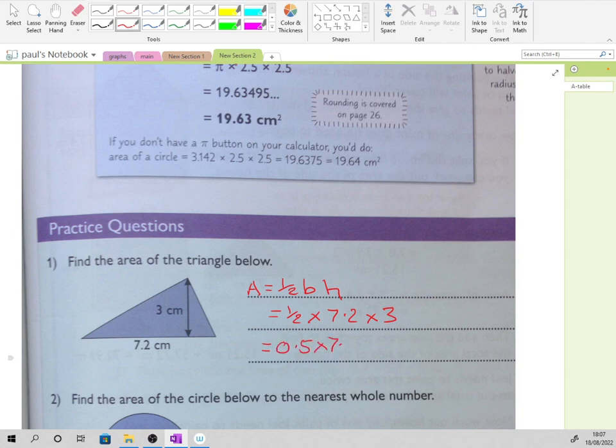You must remember the equivalents of certain fractions and decimals. Otherwise it's just complicated. 0.5 times 7.2 times 3 is 10.8 centimetres squared. Okay, so that's that one.